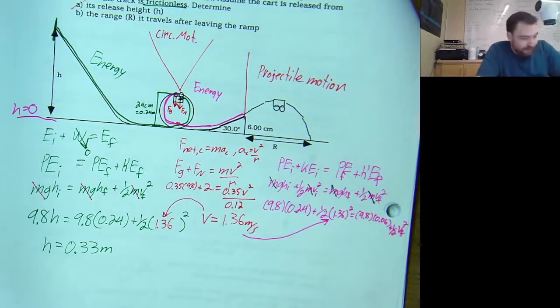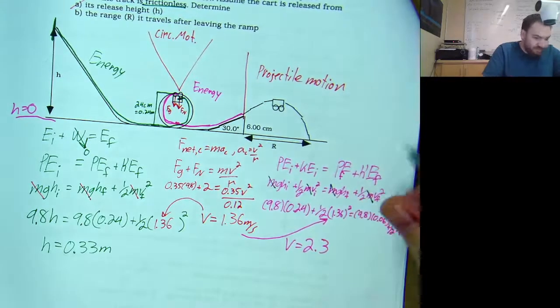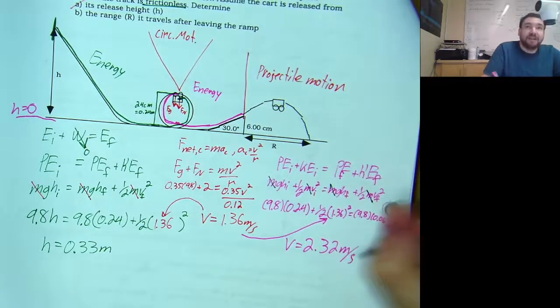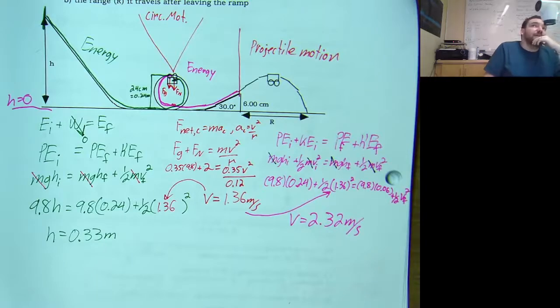What is it? 2.32 meters per second. So that is the speed at which it launches off that ramp.